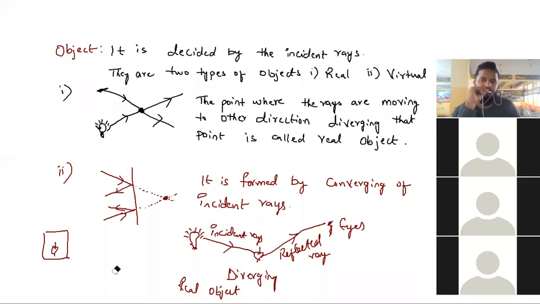Is it possible? No. So this was diverging, and this is the converging process. That's why you won't see the apple. So it is imaginary. When you come in front of the mirror, then only you can see the object. So this is the virtual object, we can say. Virtual object.